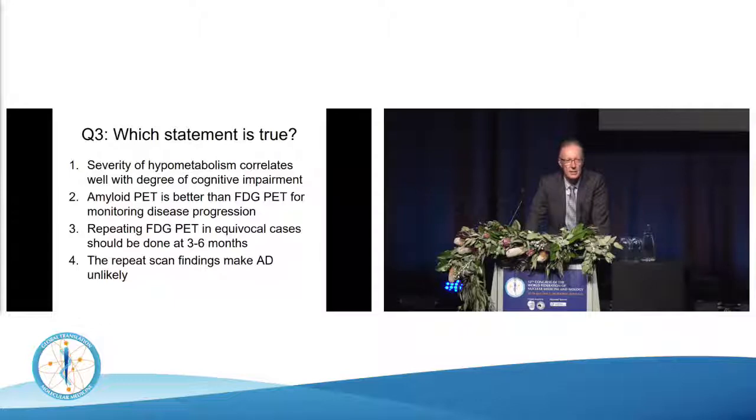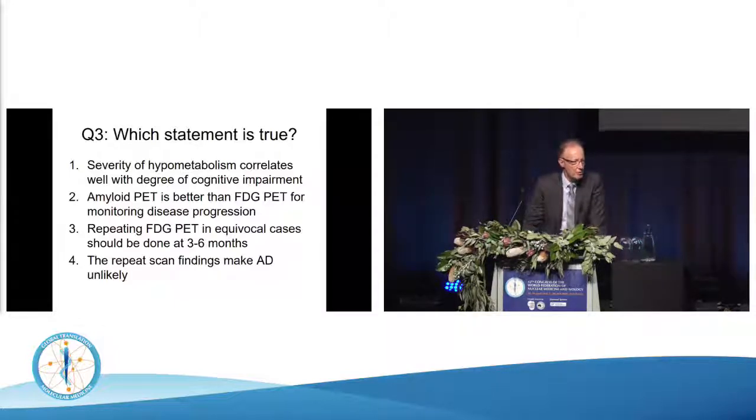By the time you get to the symptomatic phase, you've already got a brain full of amyloid and you don't see that much change. So while they can be declining rapidly, you're not seeing much of a change in amyloid. And in fact, in advanced Alzheimer's disease, the amyloid signal tends to decline on a PET scan. So yes, FDG PET does correlate with cognition and severity, amyloid doesn't.